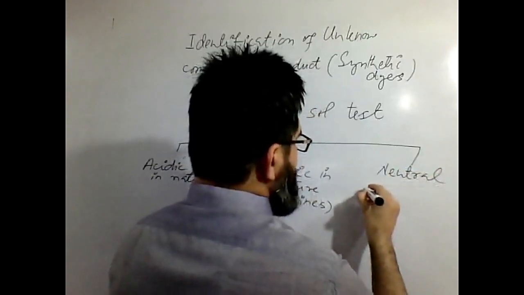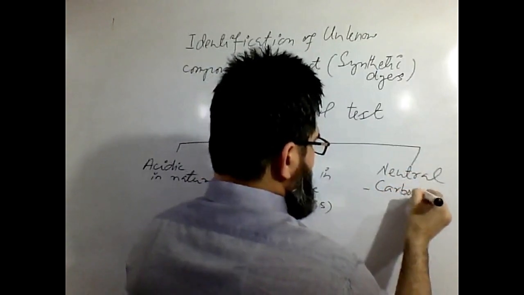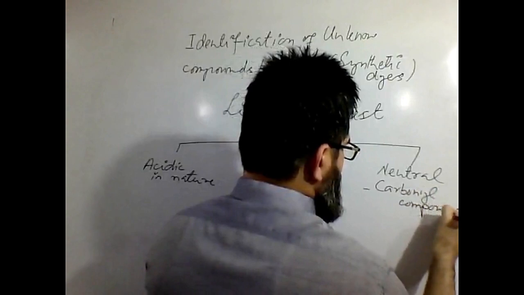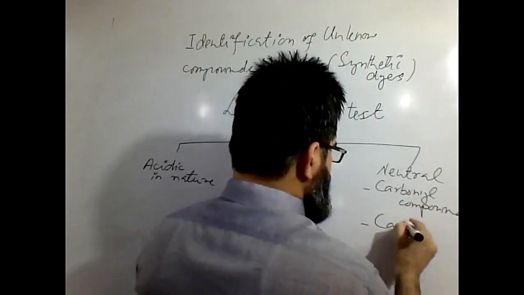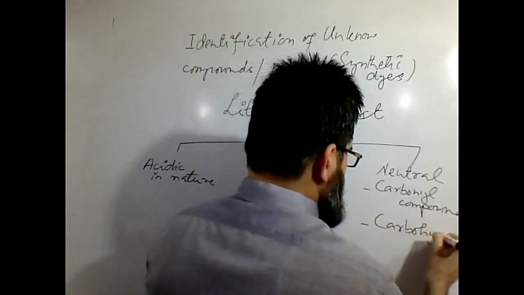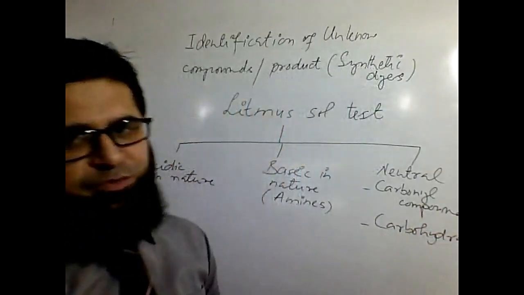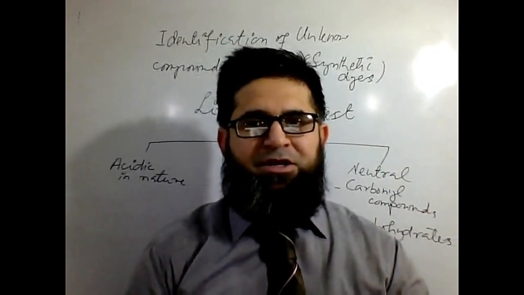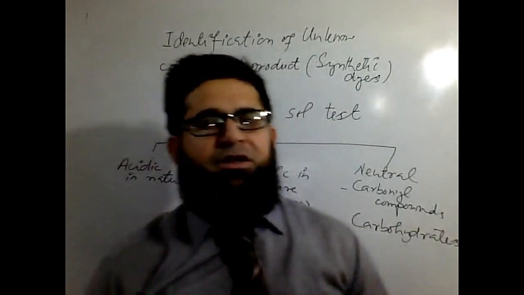The neutrals are supposed to be the carbonyl compounds, or they could be carbohydrates. Two categories were supposed, explained in our last lecture as a part of basic concepts regarding the lab activities.